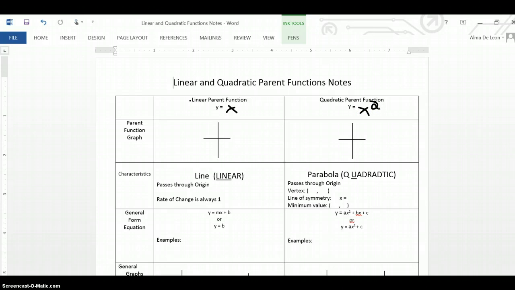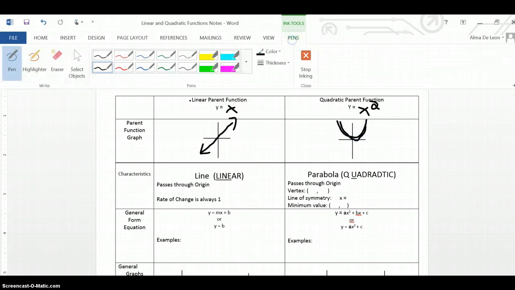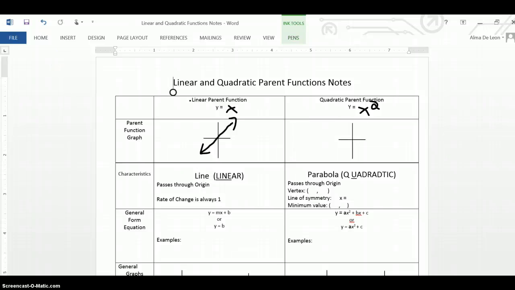The linear parent function looks like this. It goes through the origin. And the quadratic parent function looks a lot like this. It also goes through the origin. The main difference that you can notice is that in linear, you will see the word line.